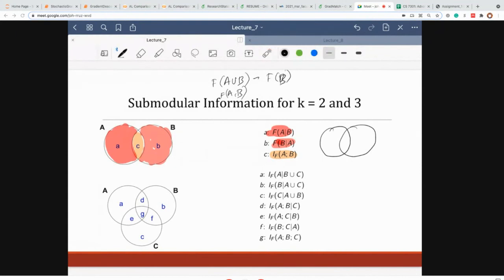So by the way, one thing I want to make clear is that if f is submodular, f of A minus B, which is a set difference, is not equal to f of A conditioned on B, right? Because f of A minus B is that you're subtracting out B from A and taking the difference, right?